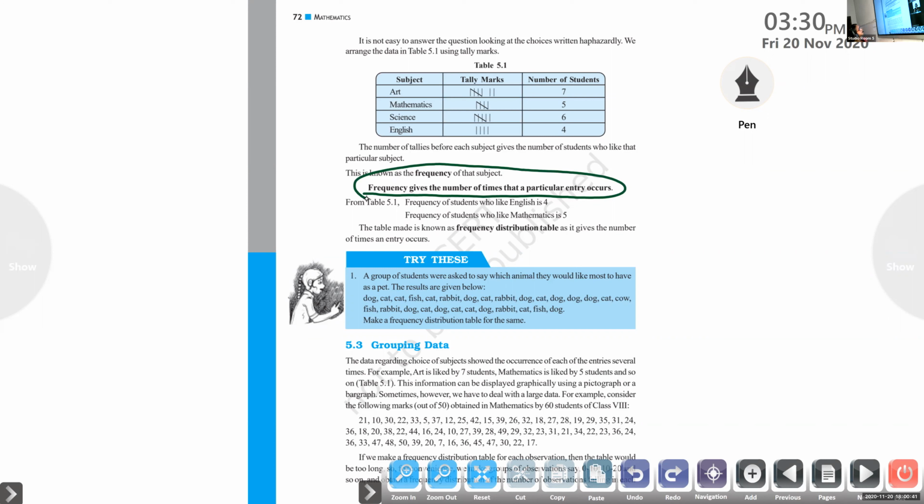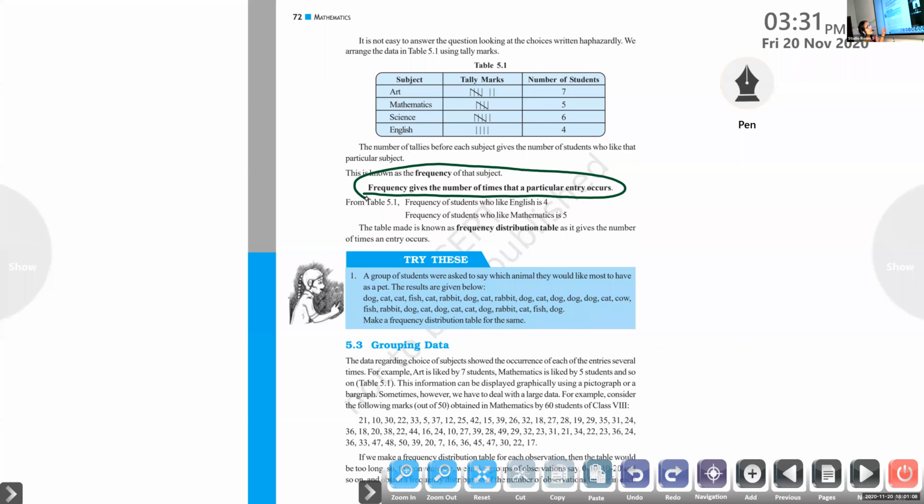Preparing a frequency table is the most important thing in statistics. Actually, data handling is a chapter from statistics. Statistics is another branch of science like math, chemistry, physics. In lower classes, CBSE includes statistics along with the maths.